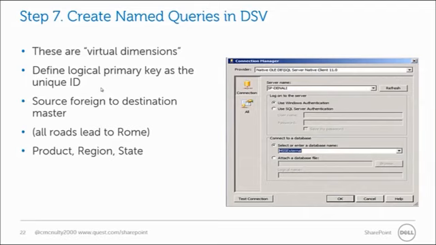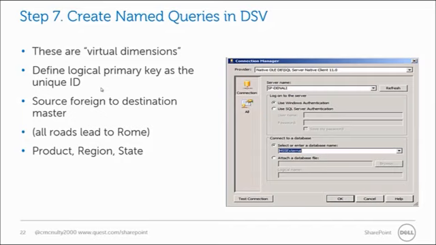Named queries are a way to pull out the summary of all of the field values in each of the dimensions that I want to group by. And it is a step in the way to building and optimizing the creation of those data dimensions. I want to be able to group by products. I want to be able to group by where the order came from, and I want to be able to group by the time of the order. So I want to create queries to represent all those sorts of things.